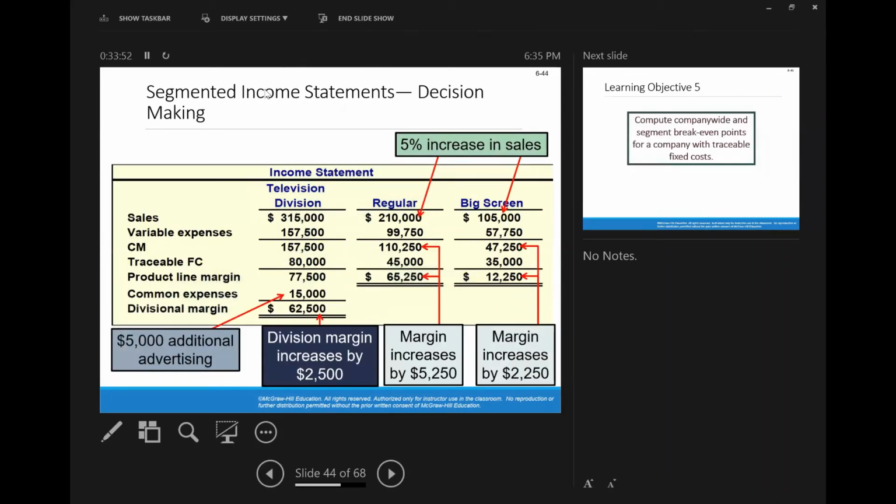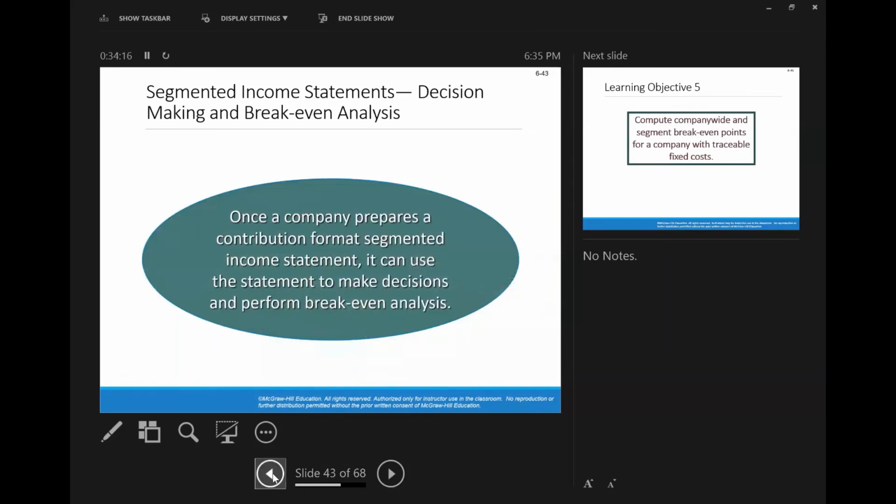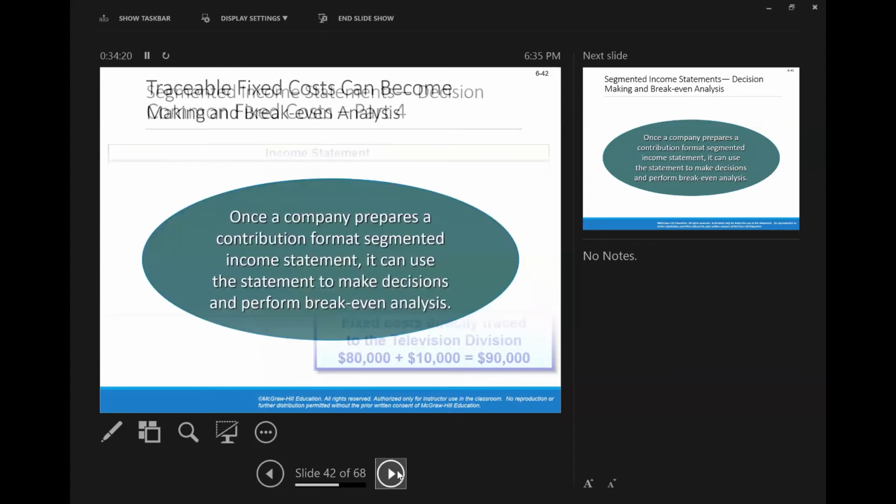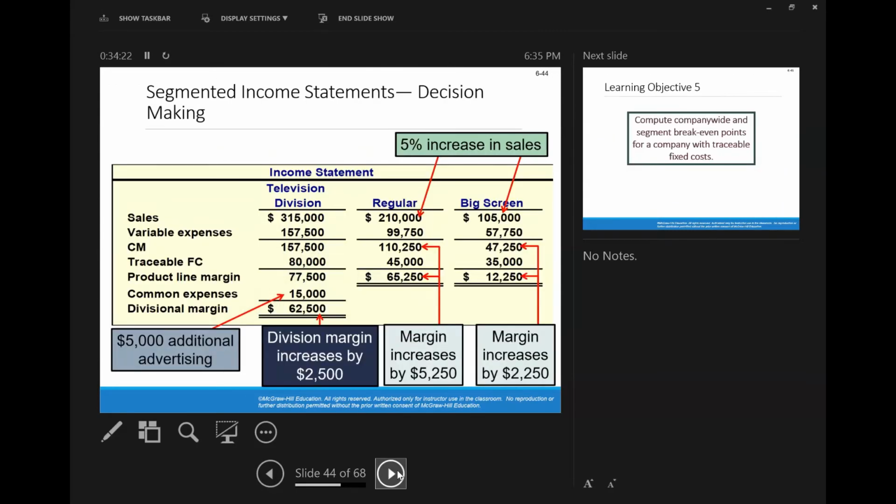Okay. Now we're looking at the same thing we were looking at a minute ago. We had our regular TVs and our big screen TVs. Those are both in the television division. Maybe we want to increase sales by 5%. So we're going to increase our sales by 5%, and they show the increase in the numbers. We were at 200 and at 100, and now we're at 210 and 105.